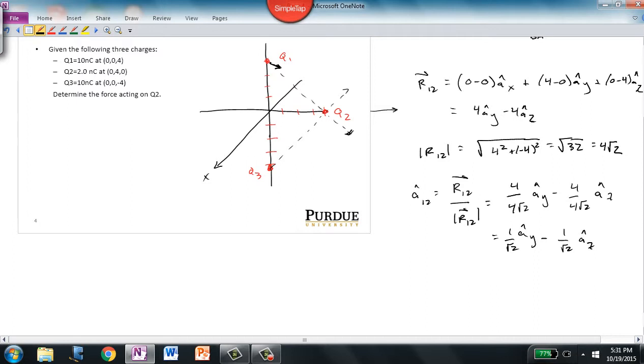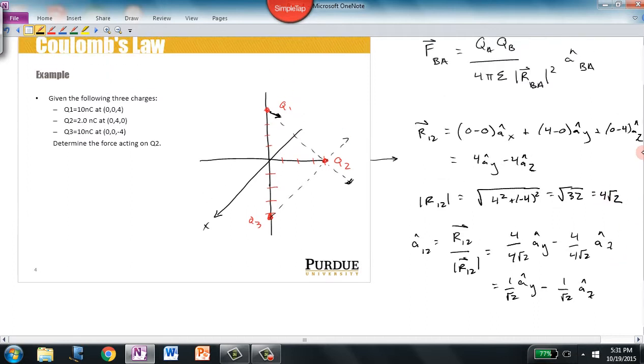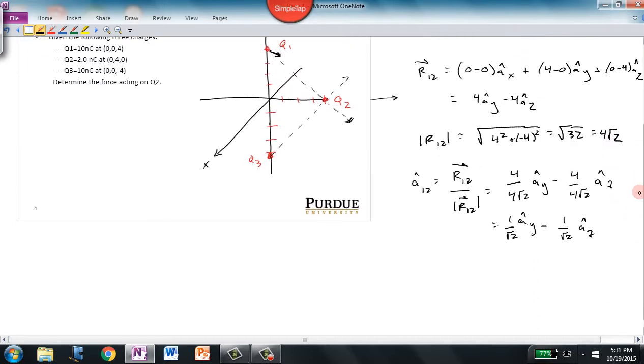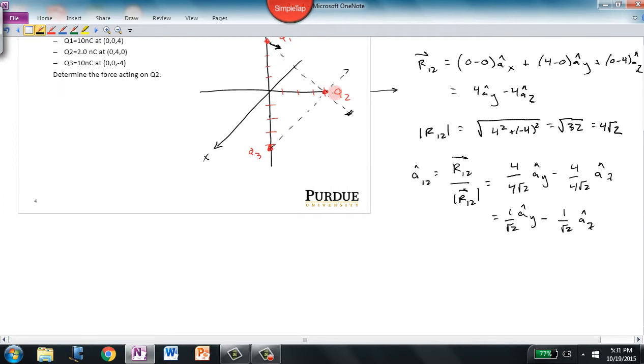And so now we can determine, using Coulomb's law, the force on charge 2 from charge 1. I'm going to utilize some space and move over here. F12 is therefore equal to Q1 Q2 over 4 pi epsilon, the magnitude of the R12 vector squared, times a hat 12.